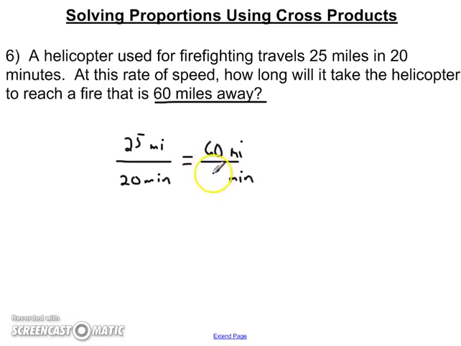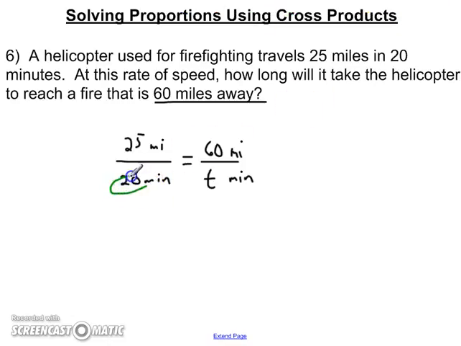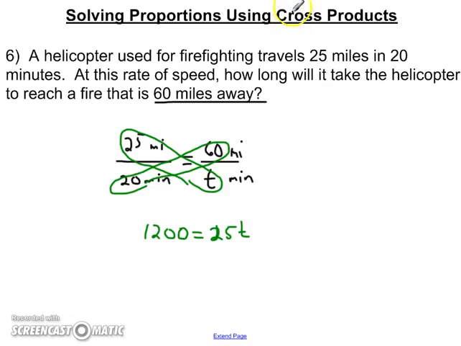And I will have some variable. I'm going to use t just because we're talking about time, though what variable we use is not really that important. I'm going to use my cross products now to solve. So 60 times 20, well, 6 times 2 is 12, tack on my 2 zeros, so that's 1200, equals the other cross product, which is 25t. I got a little bit of lag in computer time right here, but we'll do our best.